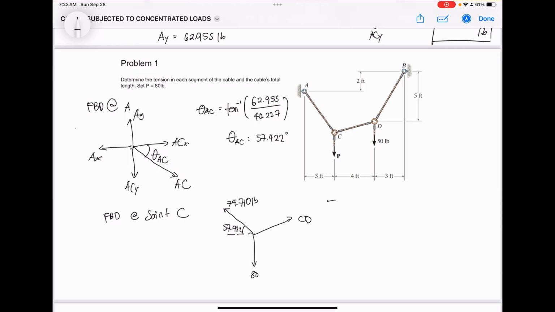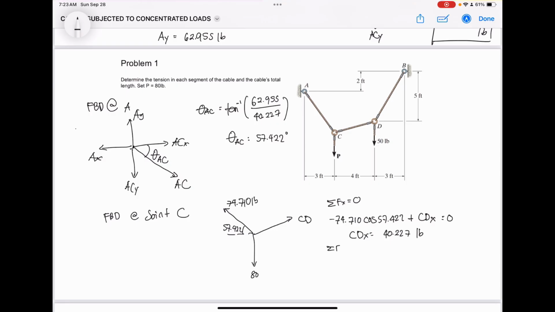Summation of forces along x equals 0. So we have negative 74.710 cosine 57.422 plus CDX equals 0. CDX is equal to 40.227 pounds.